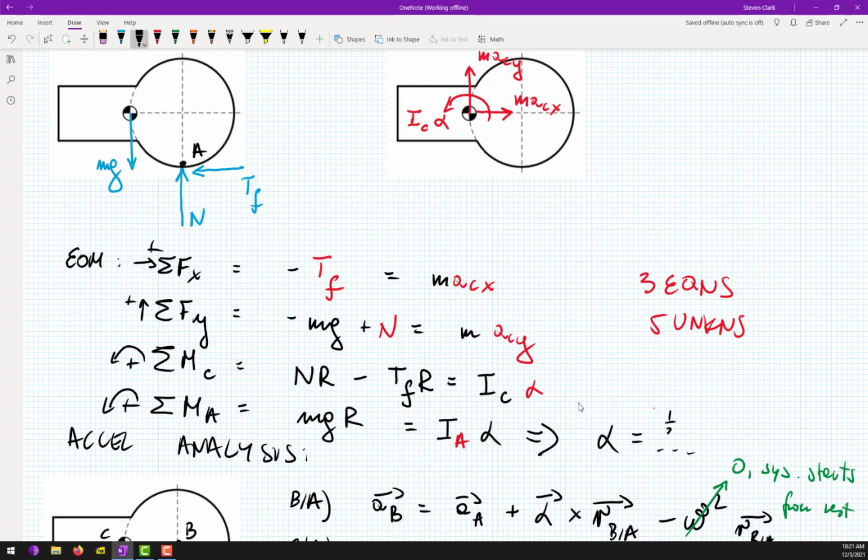It will be 1/3 g over R. And in the other approach, these are unknowns: N and Tf were unknown. So you have to exercise a little bit to find alpha. If you go for this approach, you have alpha immediately. You get rid of the unknown reaction forces from this equation. Just a digression.